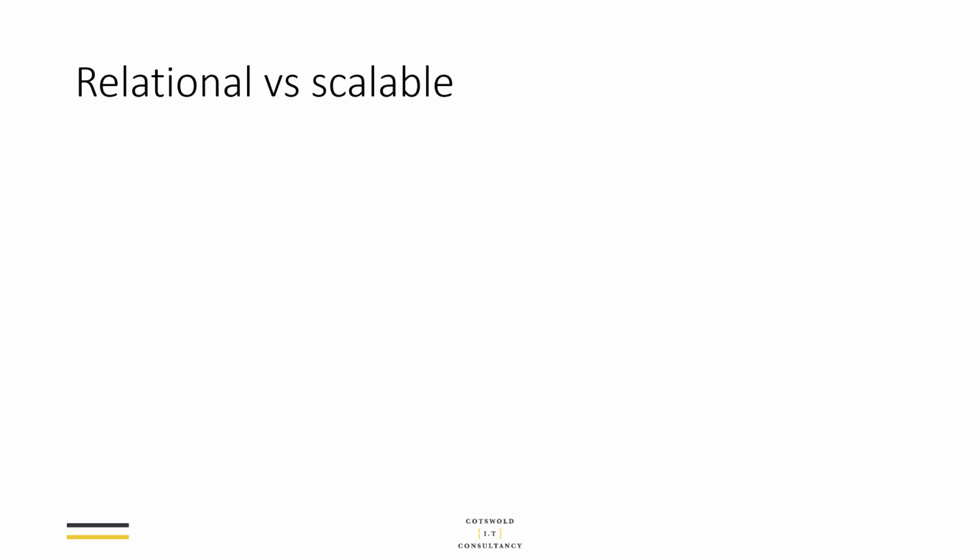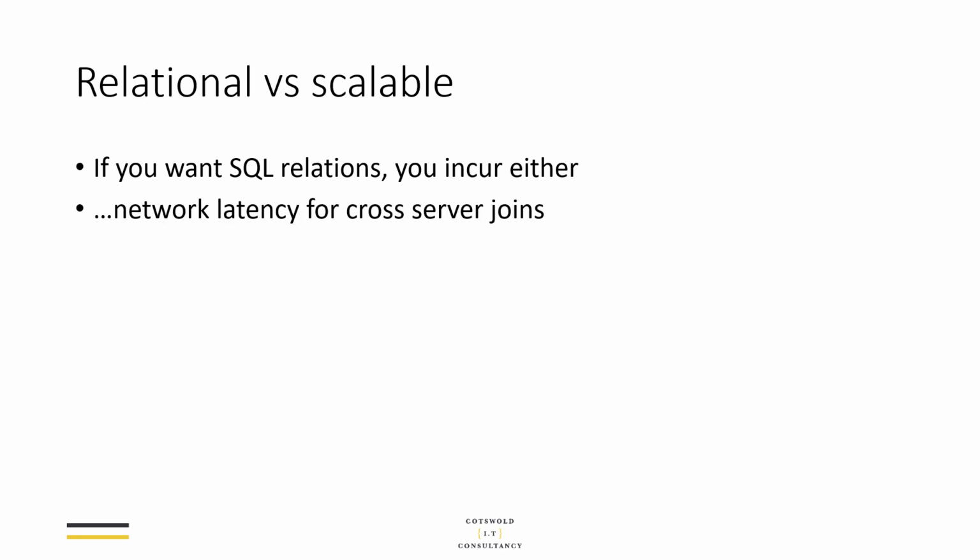And the issue here is we have a conflict between relational databases and scalable databases. So if you want SQL relations, which we do because we're using a SQL database, you either get network latency because you separate the data, you cross-join servers while you're doing your data queries, and you incur all of that network latency.